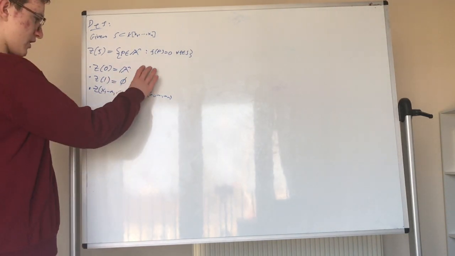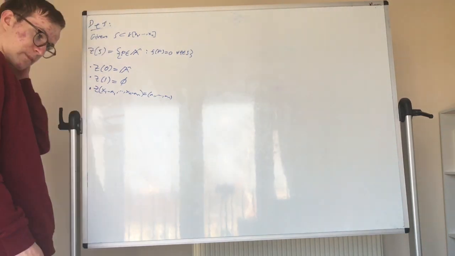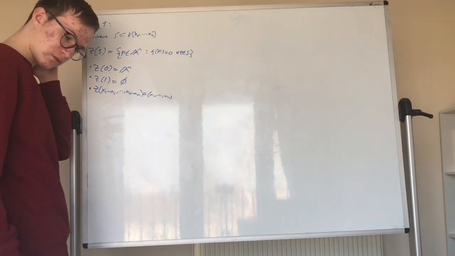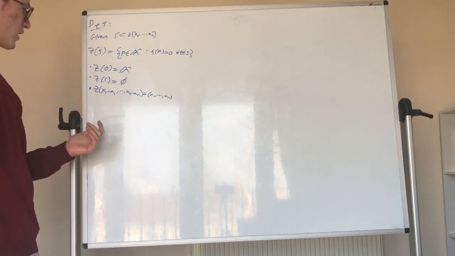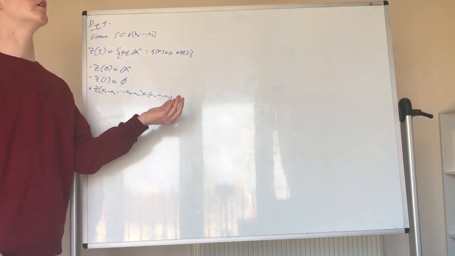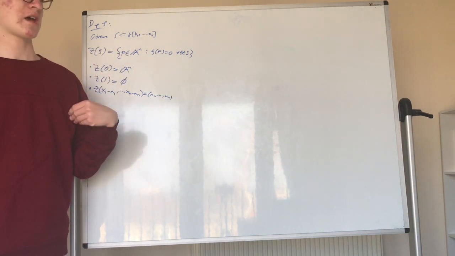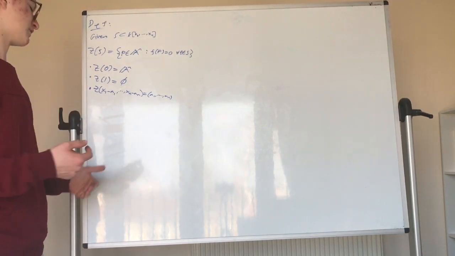We'll be studying these algebraic sets in this video for sure, and in the next video we'll be looking at Hilbert's Nullstellensatz, which takes another operator which we call I, but we'll see it later.